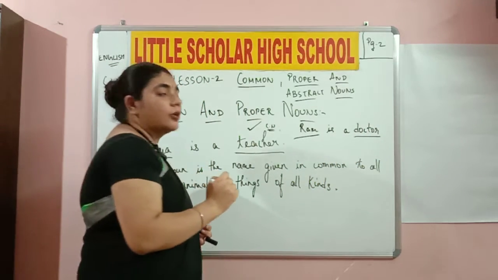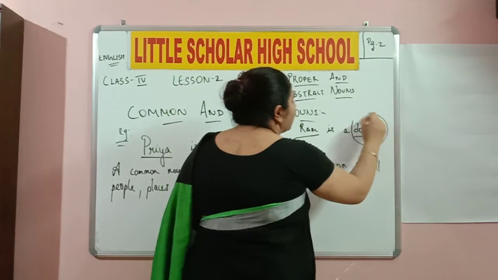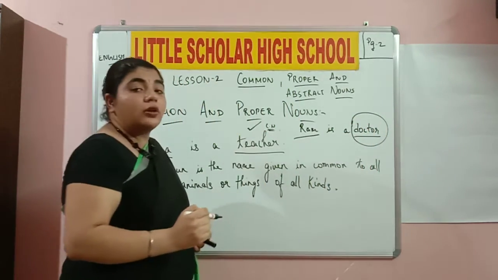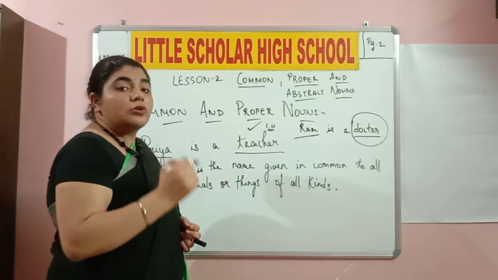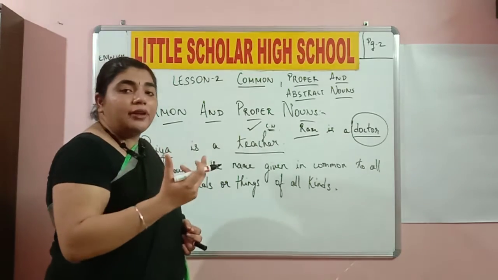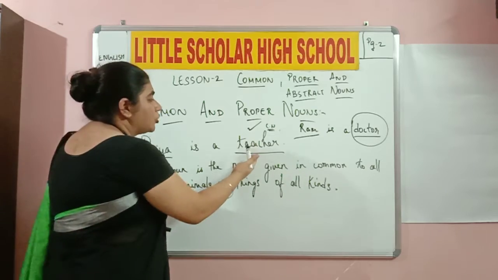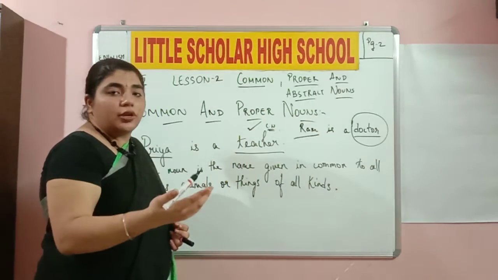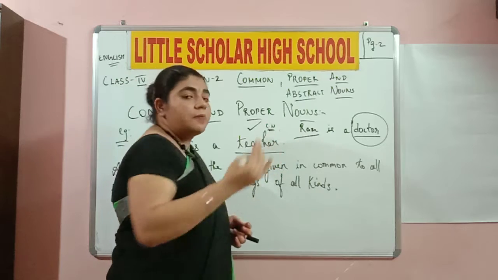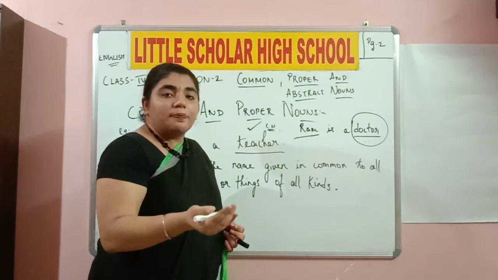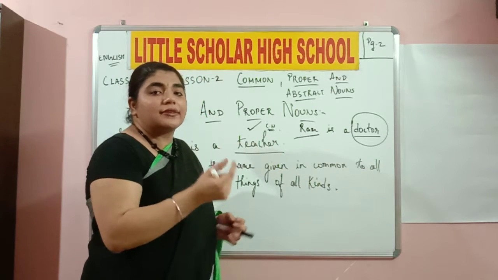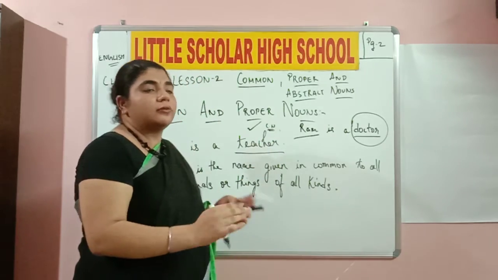Can I circle the common noun over here? Yes. Doctor is the common noun. Why do I call doctor a common noun? Because doctor is the common name tag given to people who treat patients. Okay. Teacher is a person who's teaching. Doctor is a person who's treating patients. These are common name tags given to a certain category of people.